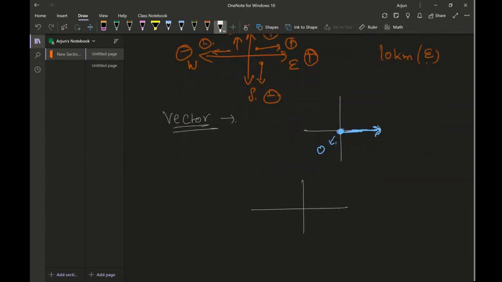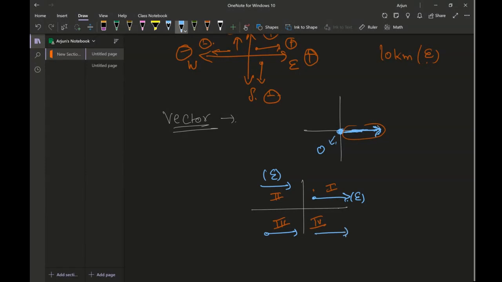Another way of representing the vector is that you can represent it in any quadrant. This is the first quadrant, this is the second quadrant, this is the third quadrant, this is the fourth quadrant. If anyone doesn't know what a quadrant is, this is how we represent the quadrants. Now this can also be represented as an east vector. This is also a representation of east. This is also a representation of east.